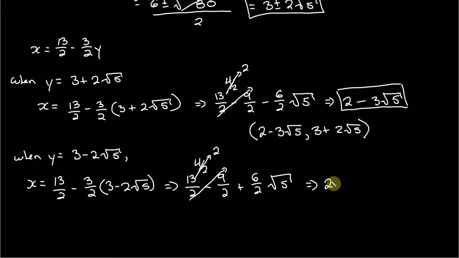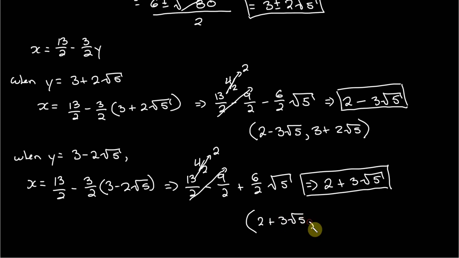So we're going to have 2 plus, and 6 divided by 2 is 3, so plus 3 root 5. And there we have it. And so in this case x equals 2 plus 3 root 5, and y equals 3 minus 2 root 5. So it was a bit of work, but good fun.